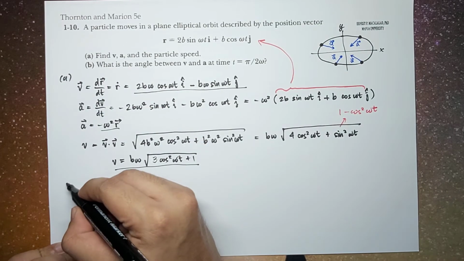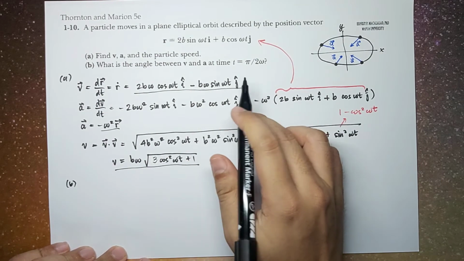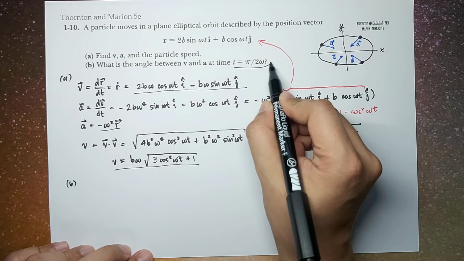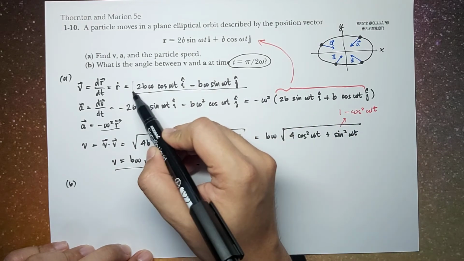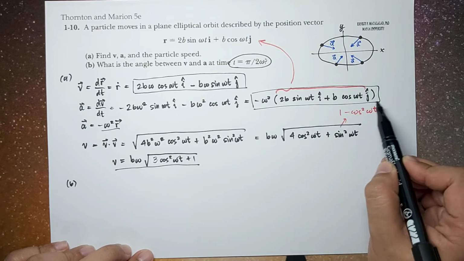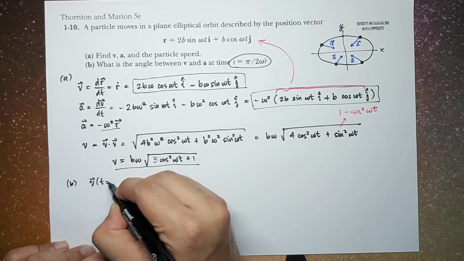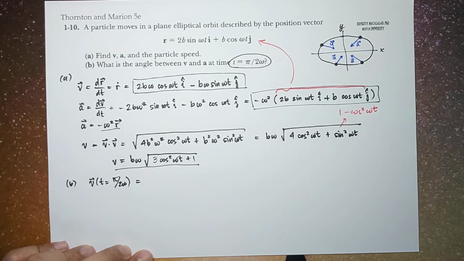Now, the last part is letter B. What is the angle between v and a at this time? In order to do that, let's substitute the time in our velocity and acceleration functions. Let's start with velocity at time equal to pi over 2 omega.